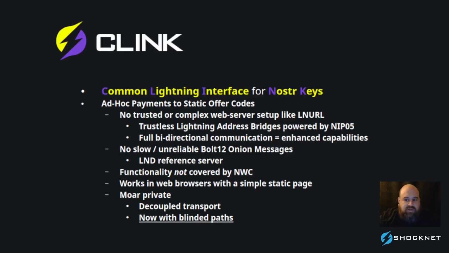It's very similar performance to what you'd expect from a regular website. This functionality is also not covered by NWC. NWC has a pre-shared secret that the user has to provision and hand over, so it's not useful for just issuing a static payment code that anybody can pay you to.